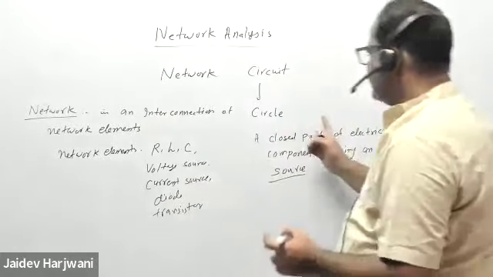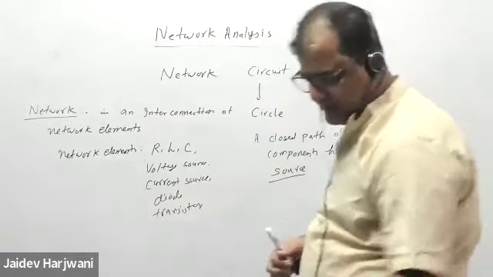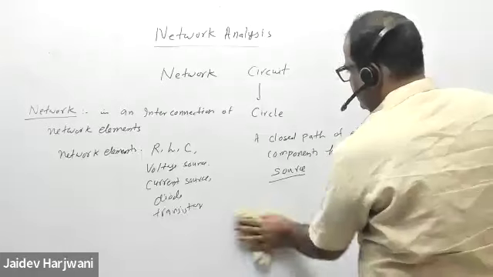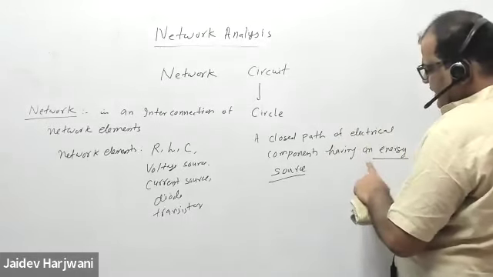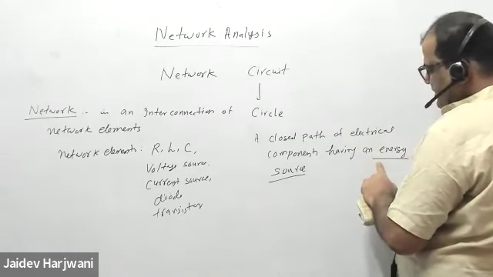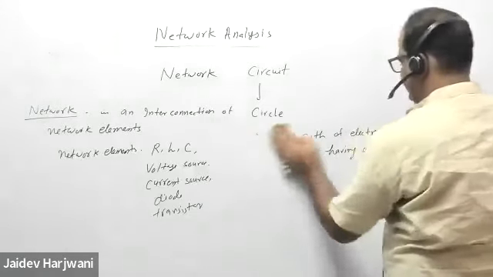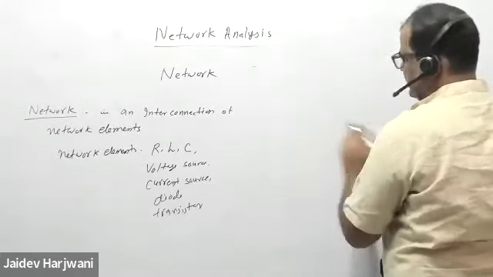Now, what is the difference between a circuit and a network? Let me explain the difference by an example. As I told, a network must essentially have an energy source. For example, let me draw a circuit or network.